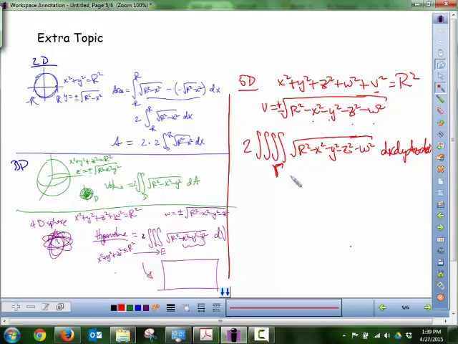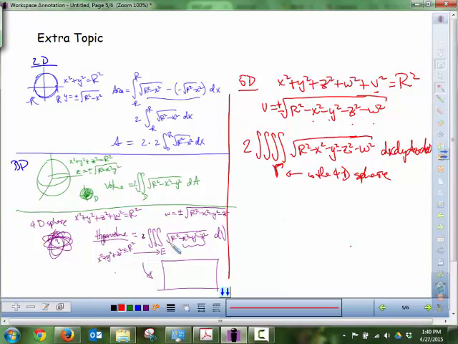And then what we can say is gamma is the 4-dimensional region. It's a 4-dimensional sphere that describes the shadow, and I'll say shadow in quotes, the shadow, so the 4-dimensional sphere given by x squared plus y squared plus z squared plus w squared is equal to capital R squared.